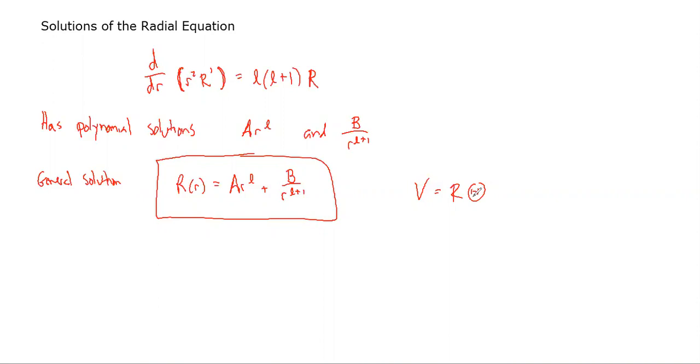So either of these are going to be useful in different physical scenarios. So in general, we can't throw one or the other away. It seems weird to have an infinite potential, but sometimes we come up with infinite sheets of charge. So we can't just immediately discount one or the other of these terms. Great. So that was easy. Let's do the angular equation.